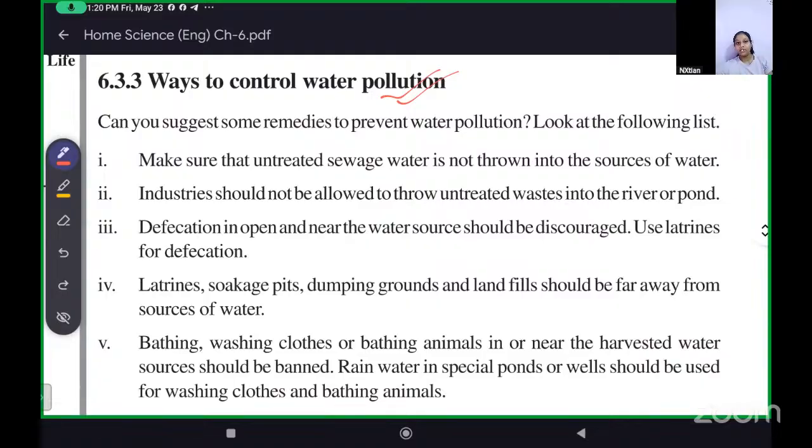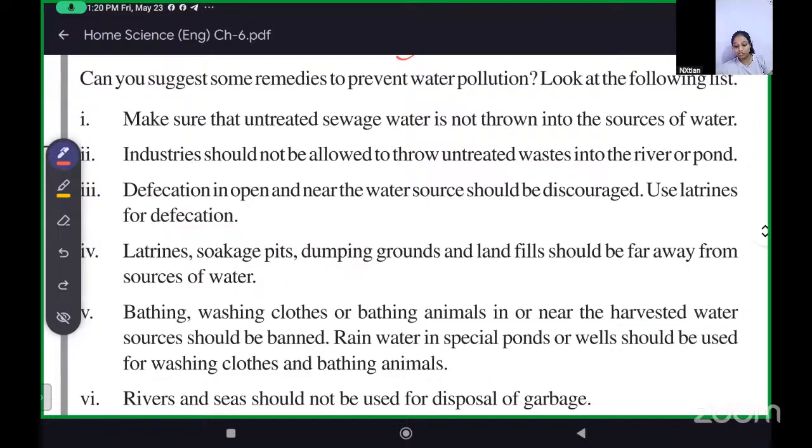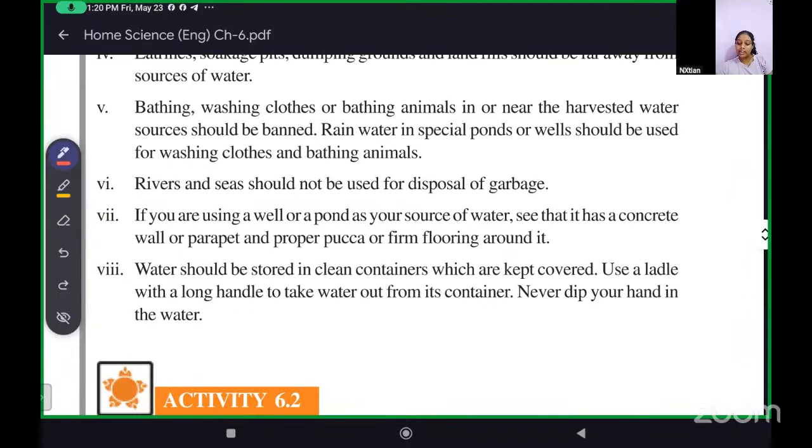Bathing, washing clothes or bathing animals in or near the harvested water sources should be banned. Rainwater in special ponds or wells should be used for washing clothes and bathing animals. Rivers and seas should not be used for disposal of garbage.